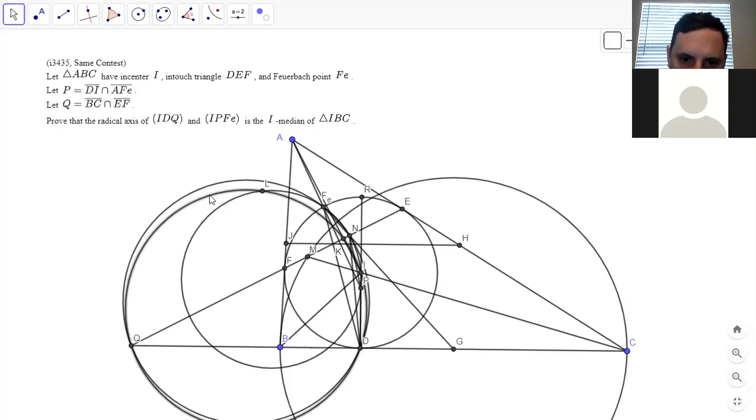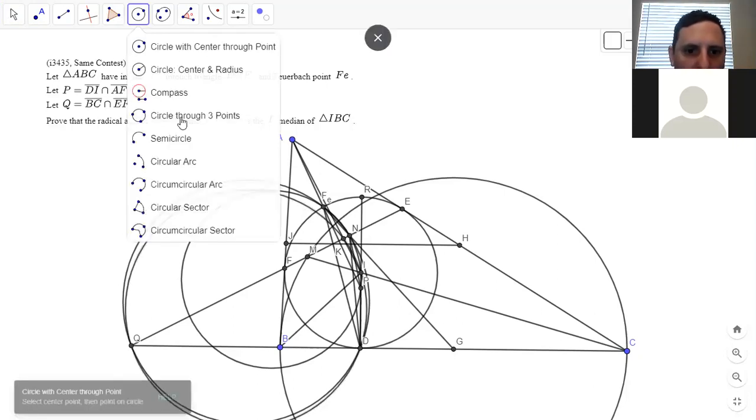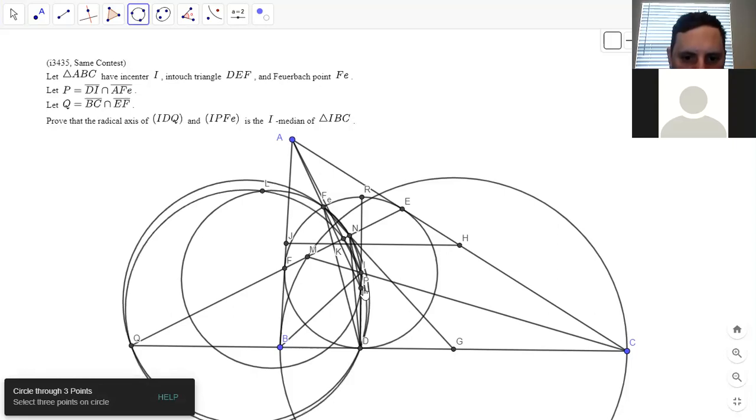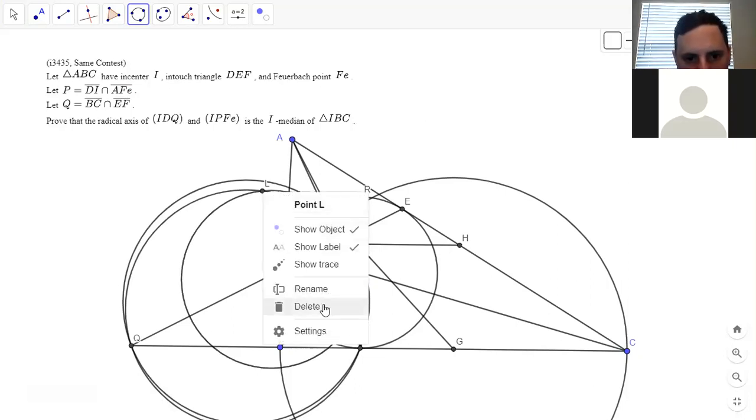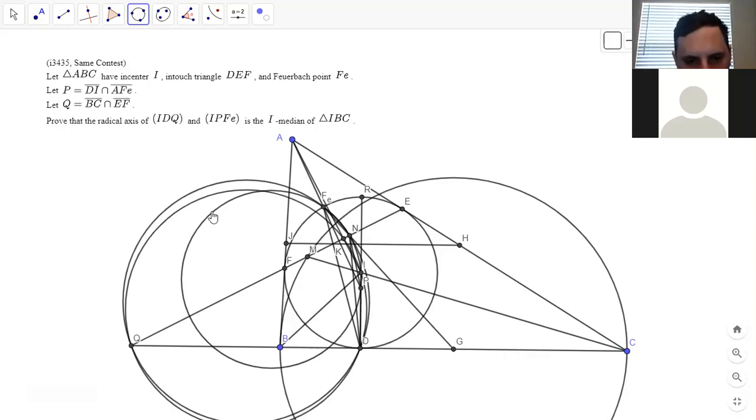We want FKP. Yeah, I'm gonna delete point L, and this circle I can hide.